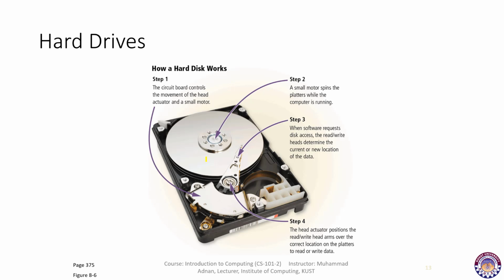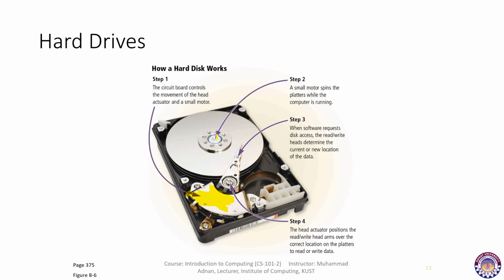Okay, with that, let us see how the hard disk works. In step 1, the circuit board controls the movement of the head, which is to and fro, through an actuator and a small motor. In step 2, a small motor spins the platter while the computer is running.